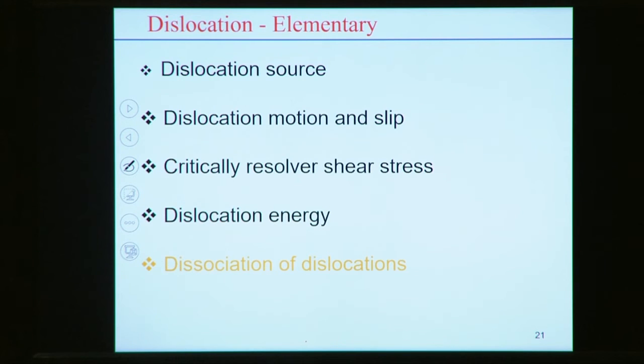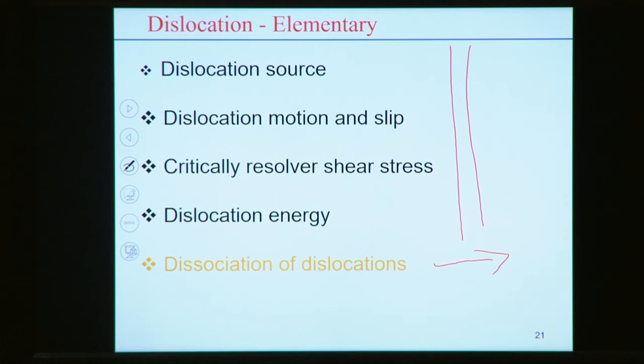We'll try to cover the basic idea about dislocation sources, dislocation motion and slip, critically resolved shear stress and dislocation energy. All these components will be discussed, and probably in the next class or next module we will discuss the dissociation of dislocations.